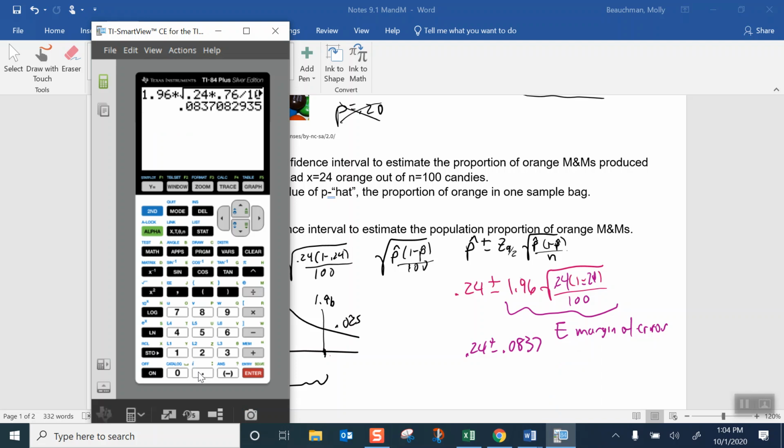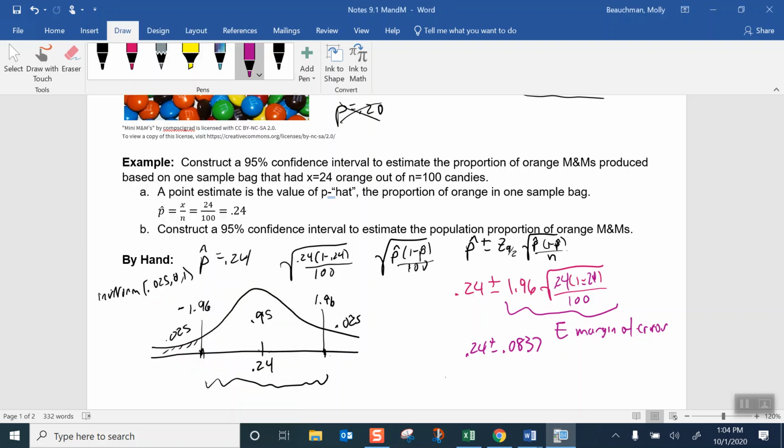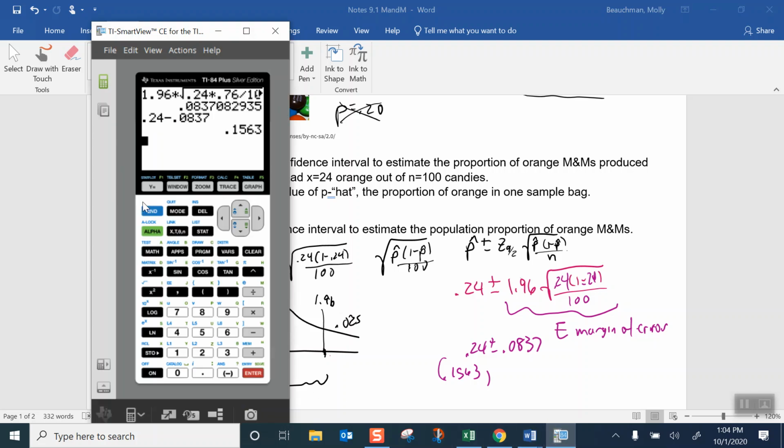So I get 0.24 minus 0.0837. That's my lower value, 0.1563. My upper value is what we get when we take 0.24 plus 0.0837.